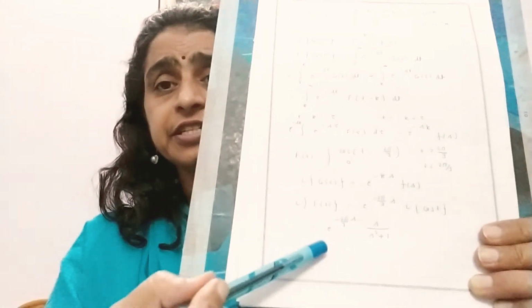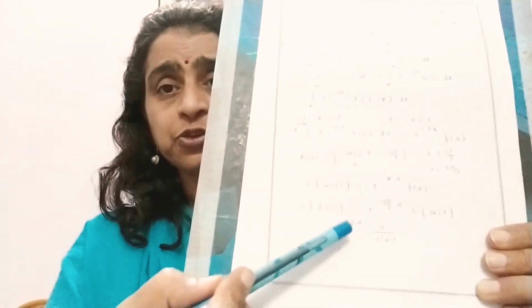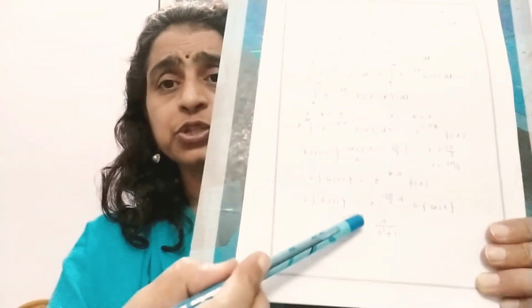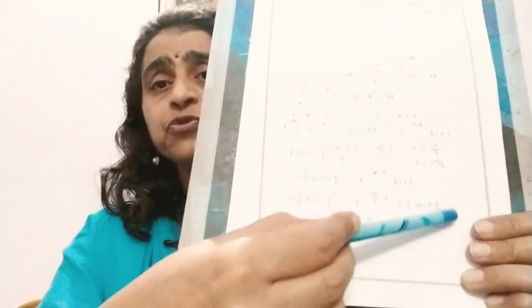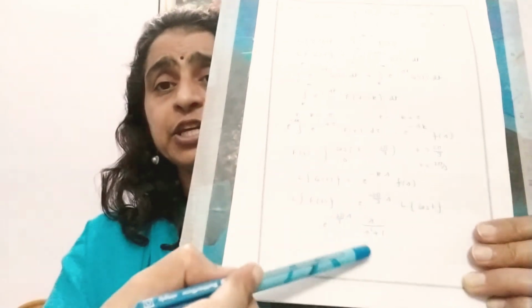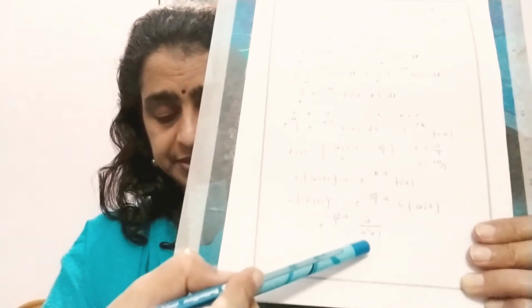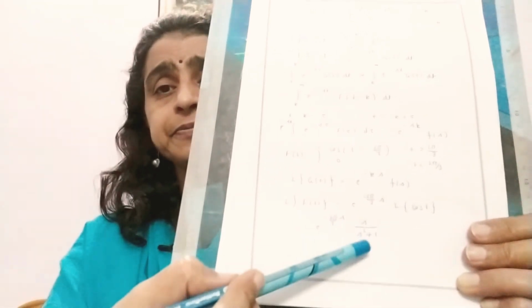After that this will be equal to exponential of minus 2 pi by 3 into s, and using the old formula we can write this quantity equal to this one, s upon s square plus 1.